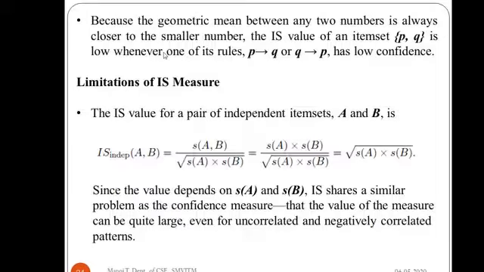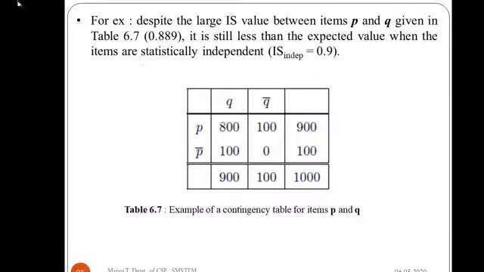So this is the limitation of the IS measure, which we have shown using this contingency table. I strongly suggest all of you go through each of these contingency tables and work out, and you will get the required values.